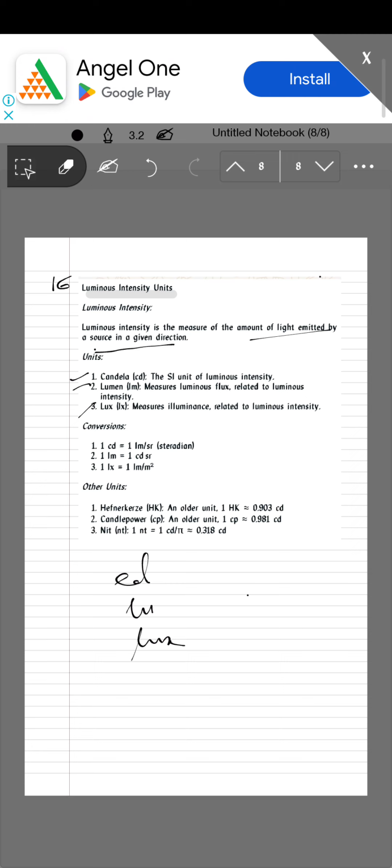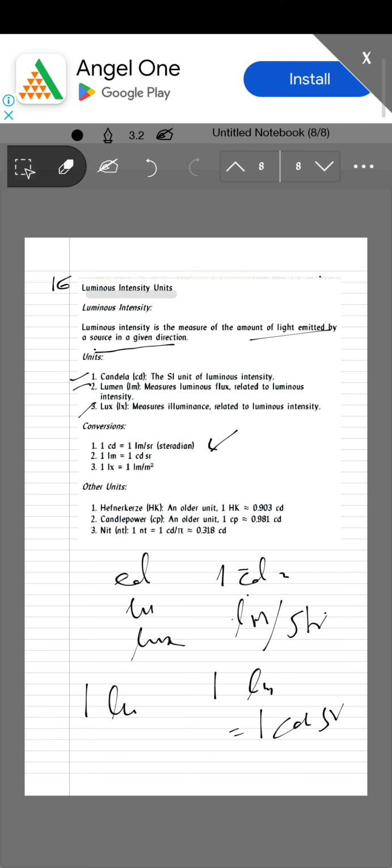One candela is equal to 1 lumen per steradian, that is a solid angle. And 1 lumen is equal to 1 candela steradian, and 1 lux is equal to 1 lumen per meter square.